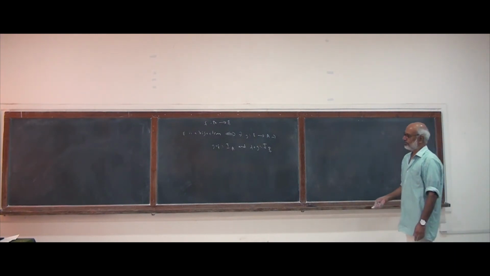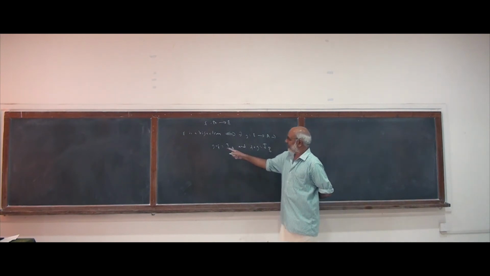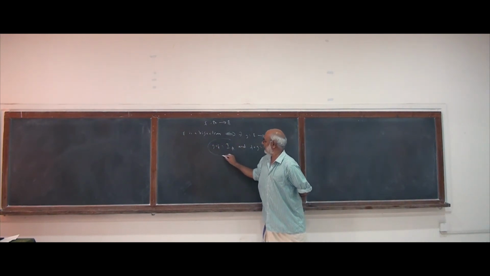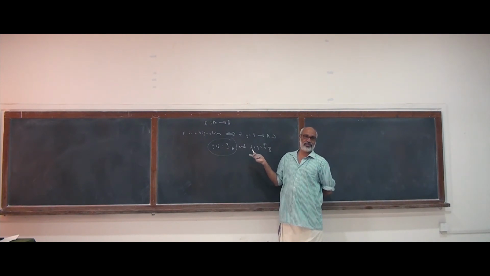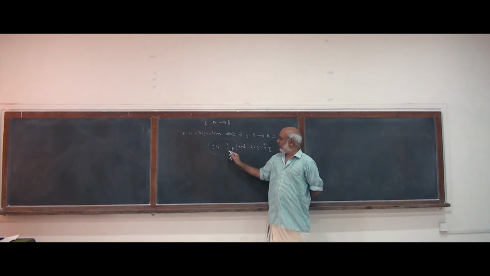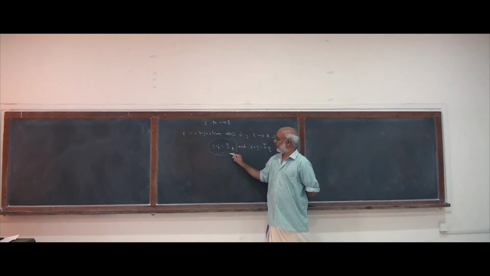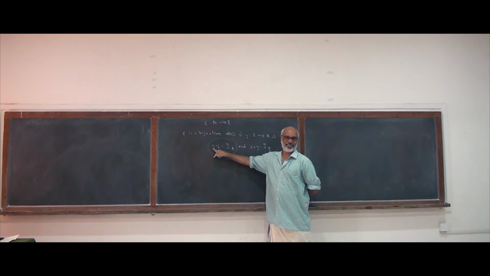In algebraic terms, if these two conditions are satisfied, we say that g is the inverse of f. And if you consider only one equation, this means g is the left inverse of f.